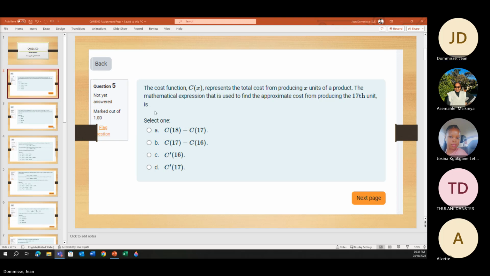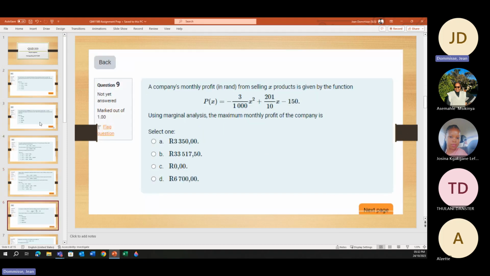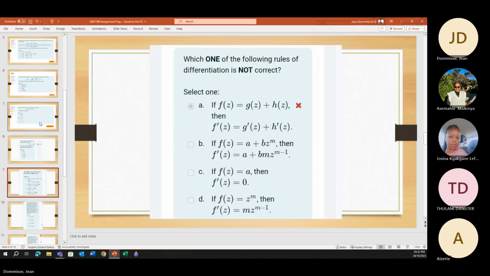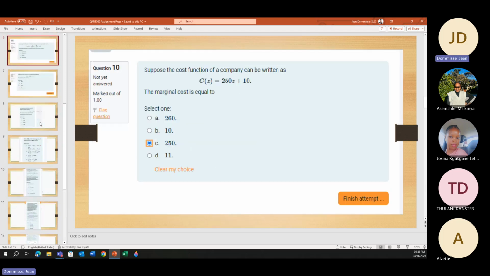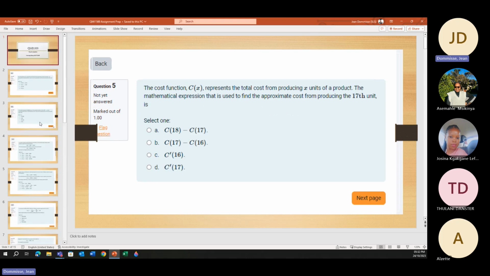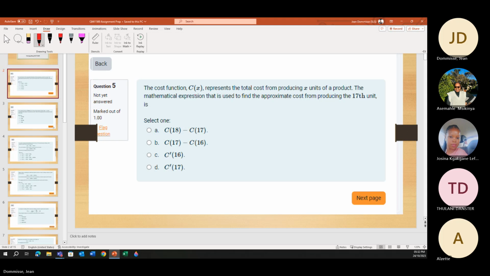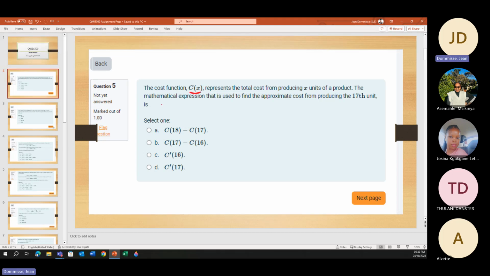Okay, so this was one of the questions, I think. Let me just quickly check if I don't have it in here twice. Okay, no. The question is that we get a cost function, C(x), which represents the total cost from producing x units of a product.